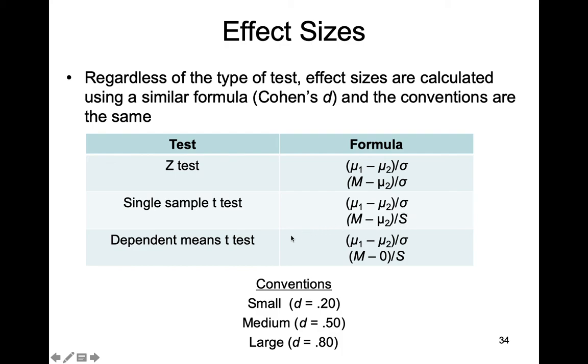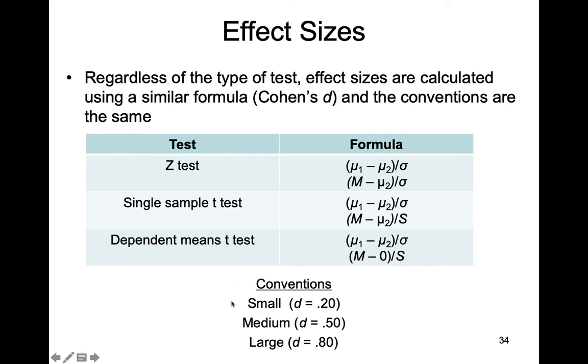And the same conventions that we previously learned for small, medium, and large apply. A dependent means t-test, it's the exact same formula. We're just going to use our mean of our change scores. The mean for our comparison population with a dependent means t-test is always 0. And then same thing, we're going to use our estimate of population standard deviation.